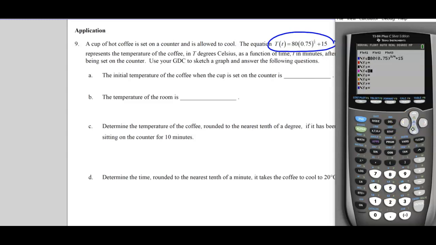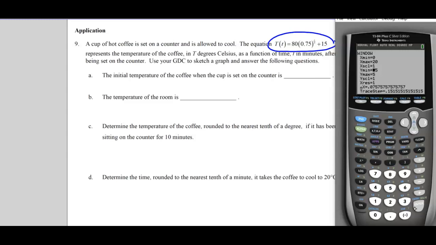I'm done now. Okay, then my window setting, 0. We're not going back in time. Maybe, well, I'm not sure. Let's go 20 minutes, 0 to 20. See what happens. 1 by 1s. And then your y min.